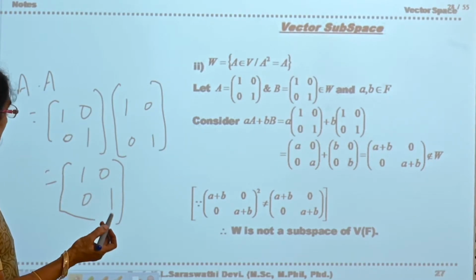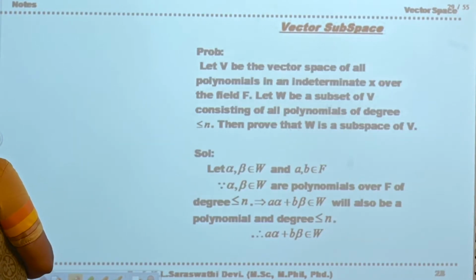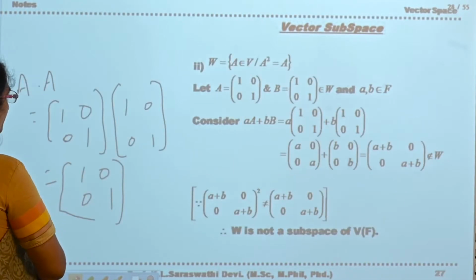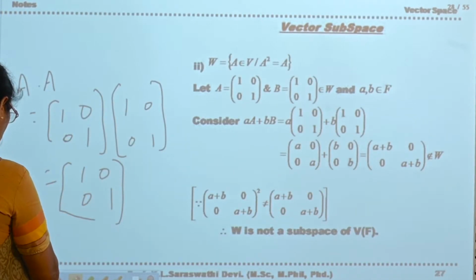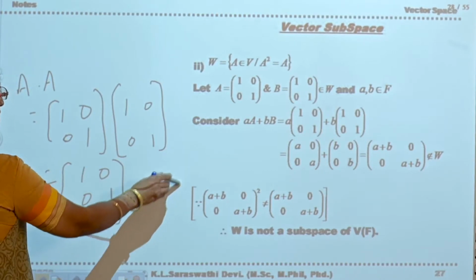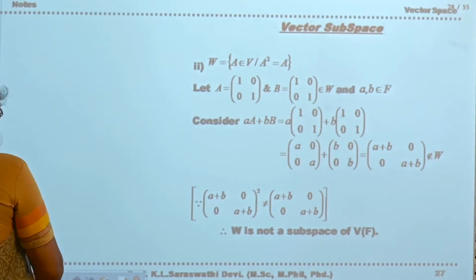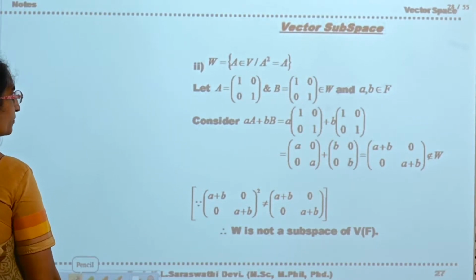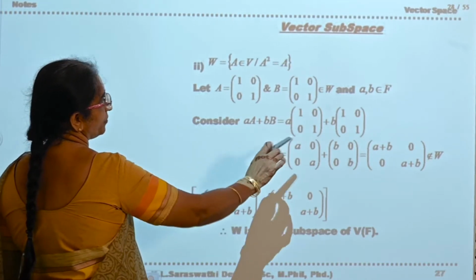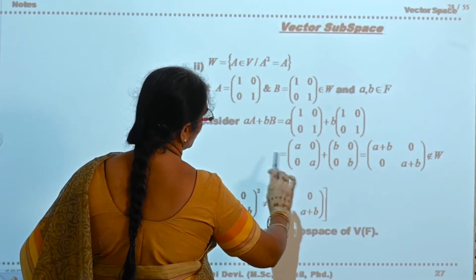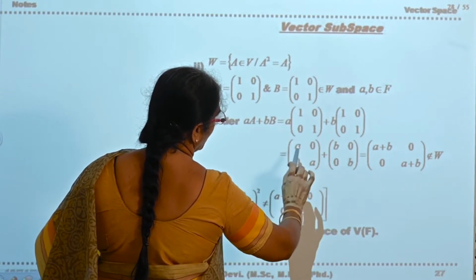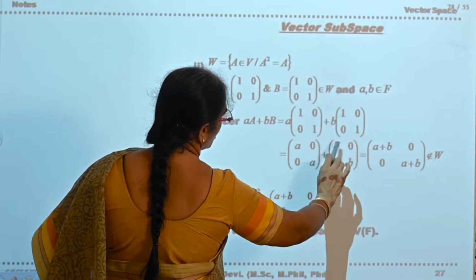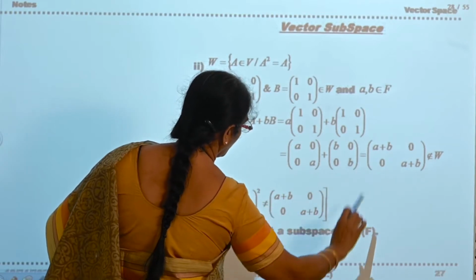Now if you take aA plus bB, here also we are using the same necessary and sufficient condition. That is, aA plus bB, if you consider, this is [a, 0; 0, a] plus [b, 0; 0, b]. Now if you add, a plus b, 0 plus 0, 0 plus 0, a plus b.